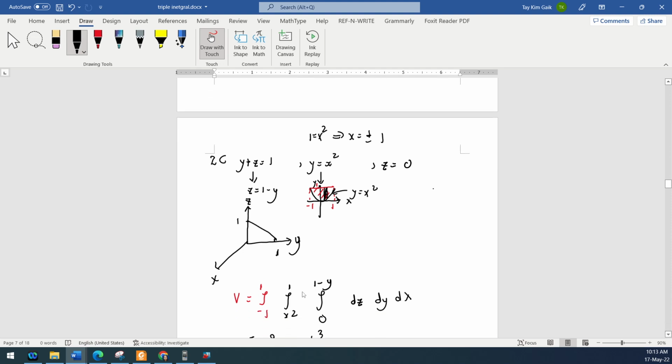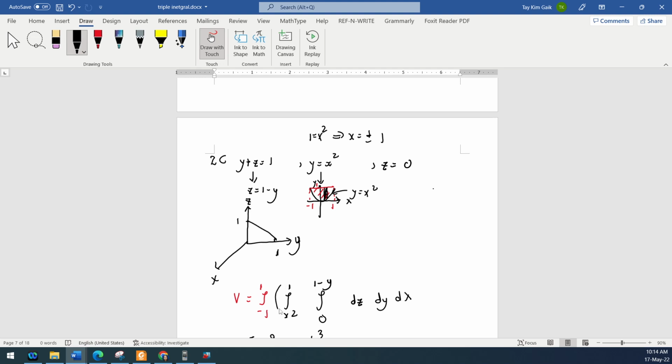And then the limit for z, they already give the xy plane z equal to 0, which is the lower limit. From this plane you get the top surface, which is z equal to 1 minus y. Y is bounded by the lower curve y equal to x squared and the upper curve y equal to 1, x from -1 to 1.